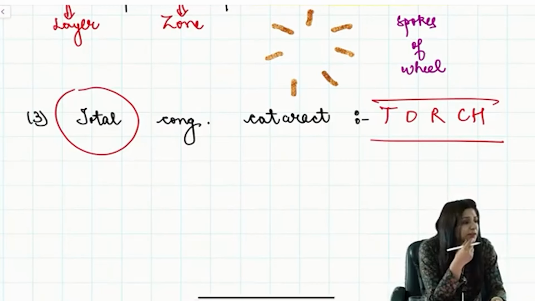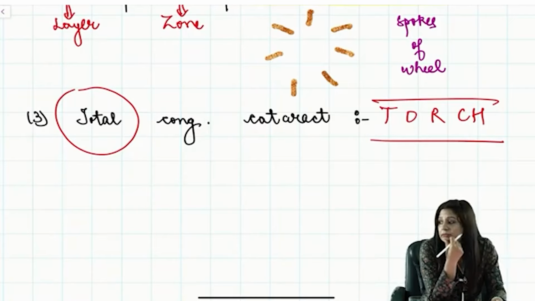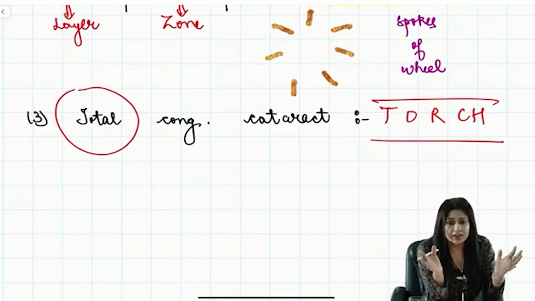Toxoplasmosis. And O for others, are rubella. C, cytomegalovirus. And H, herpes. So why are they clubbed together?